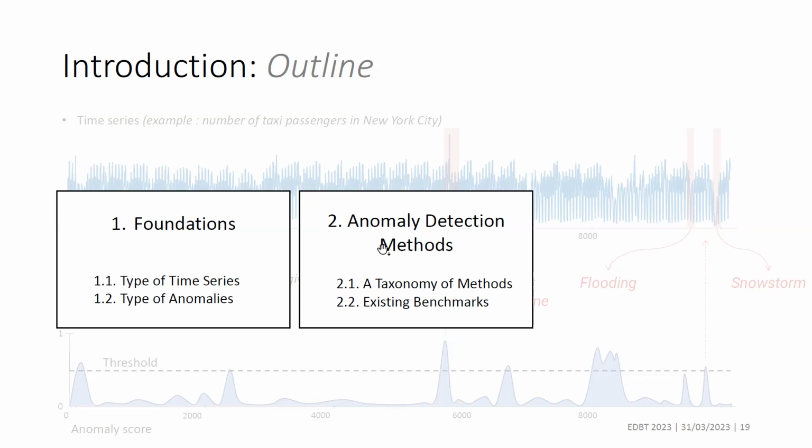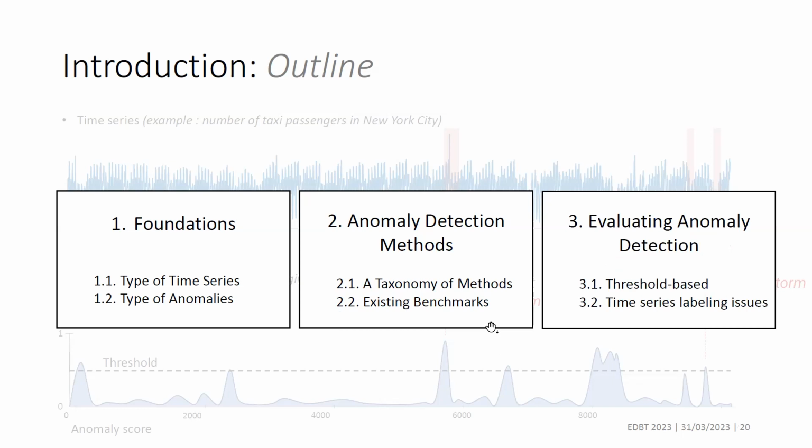This is very important, and I will spend a little bit of time here. And finally, also a very important point is how we evaluate and compare anomaly detection methods, going over metrics and measures that you can use to compare the accuracy of the different methods, and seeing some challenges related to time series and anomaly detection.